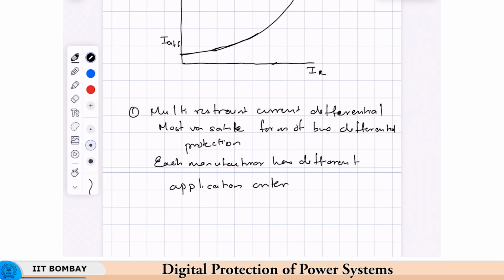Here what happens is instead of one restraint winding, you have multi-restraint relays or multi-restraint winding in multi-restraint relays.